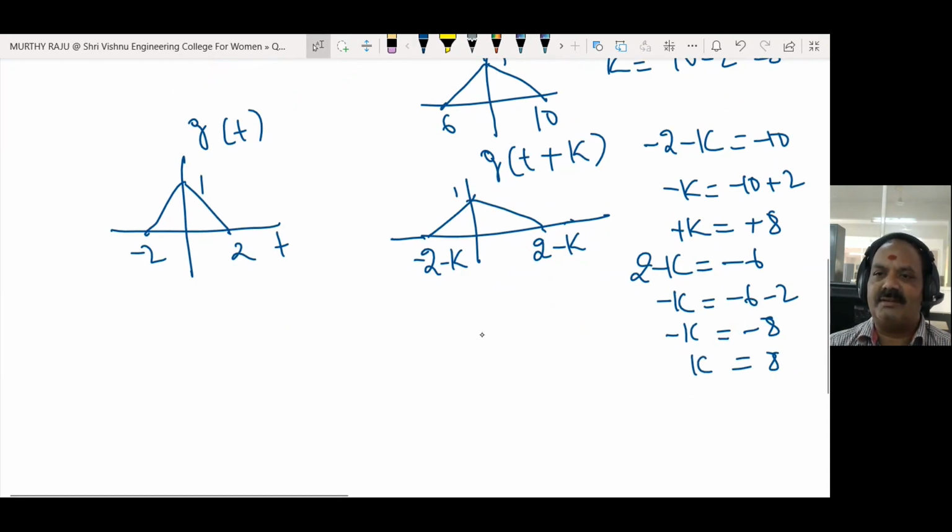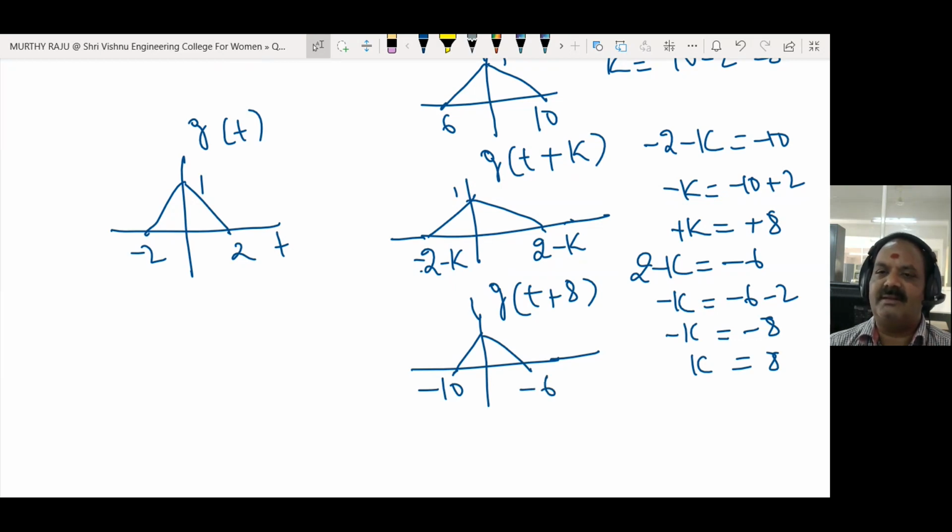Therefore, the function is from -2 minus 8 to 2 minus 8, with k value 8. That is minus 10 to minus 6.